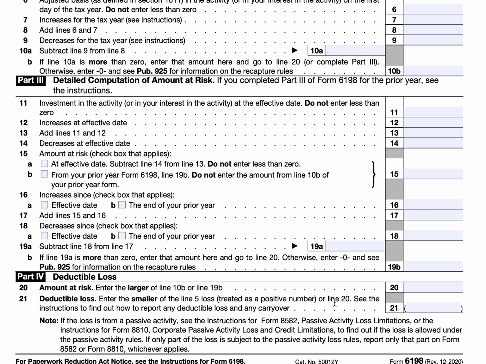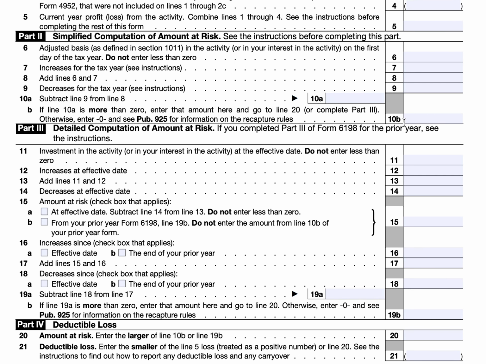So at the bottom, part 4, simply enter the larger of either 10B or 19B. Again, 10B would be what you calculated with the simplified computation. If part 3 gives you a little bit more at risk, then you can use that number.